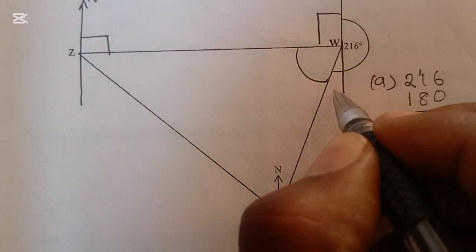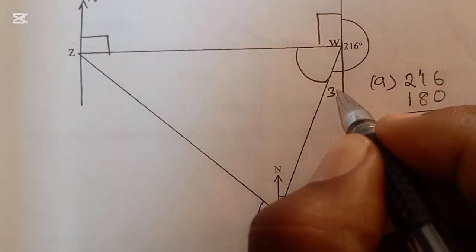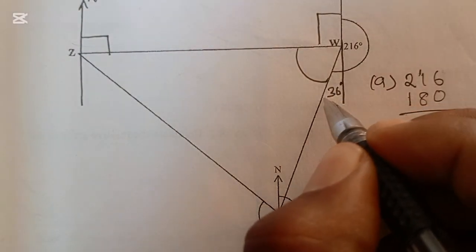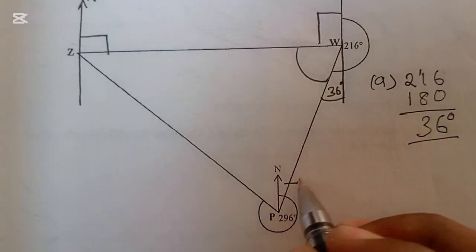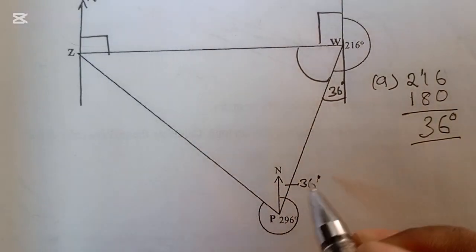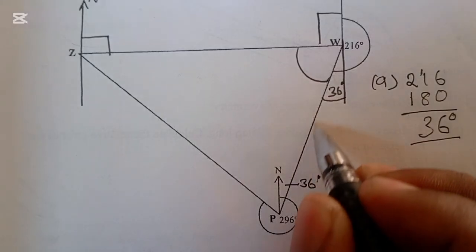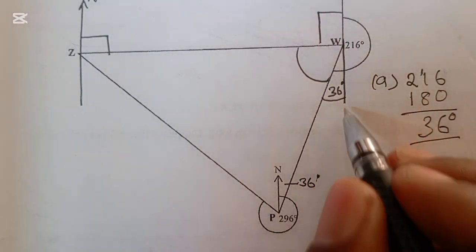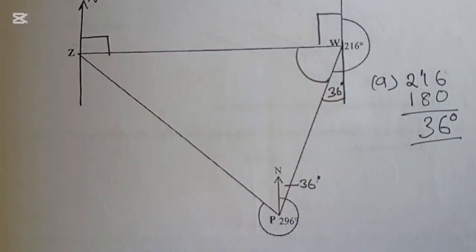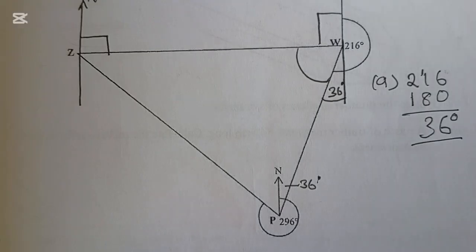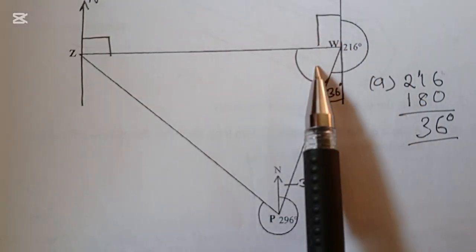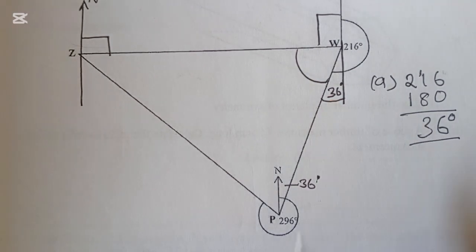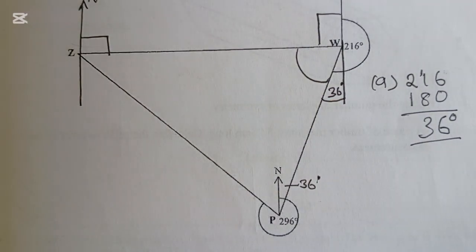So this angle here is 36. It is the same as this angle here, 36 degrees. Remember that this is a Z angle. A straight line adds up to 180. So 90 plus this angle plus 36 is equal to 180.